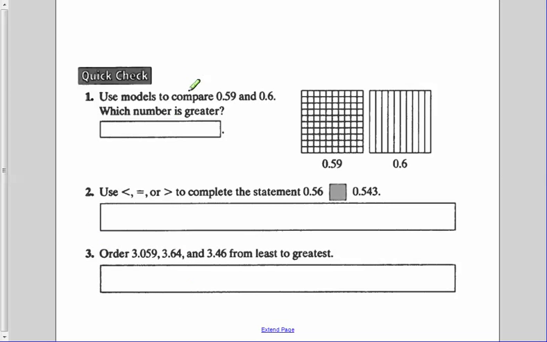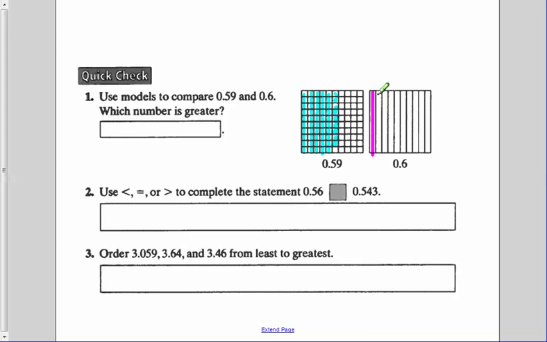So we are comparing 59 hundredths and 6 tenths. So I have 59 hundredths, so I'm going to shade in 59 of our little blocks. Remember, each one of these columns is 10. So I've got 1, 2, 3, 4, 5, and I've got 1, 2, 3, 4, 5, 6, 7, 8, 9 hundredths that I filled in, compared to our 6 tenths.